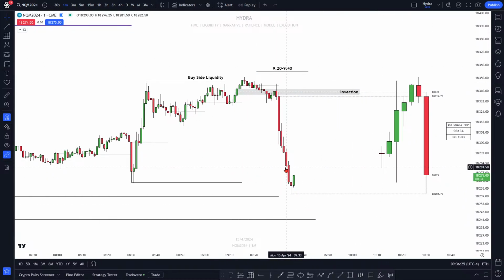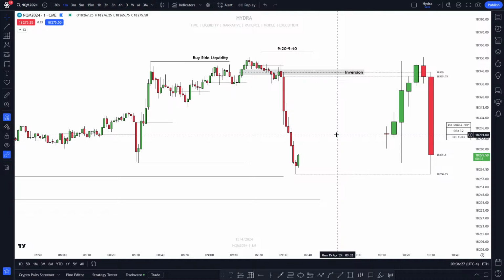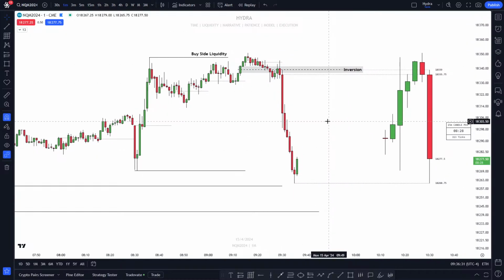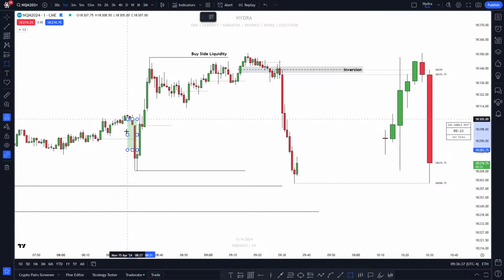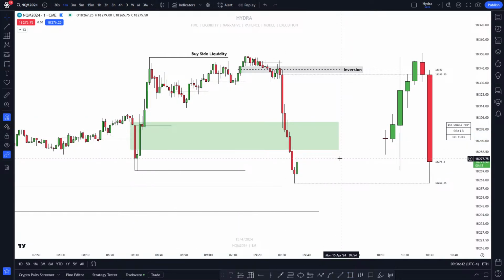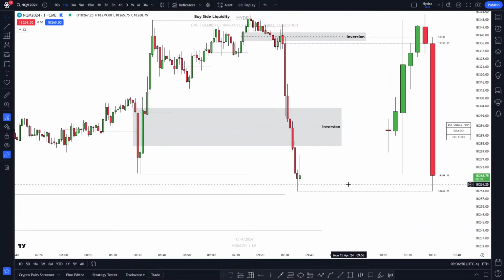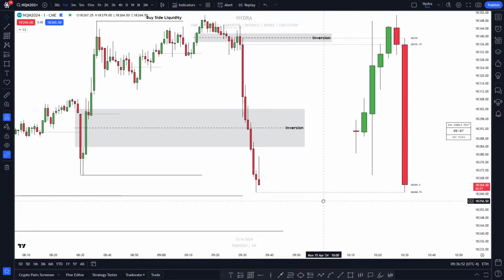And now we are filling the whole gap. This most likely will work as resistance now. It worked as support. Support is now broken. Very likely it will work as an inversion again. So, resistance.